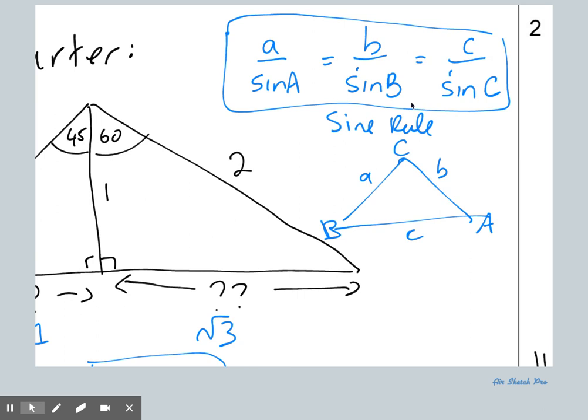I won't put arrows in because it does make it really confusing. So all it's saying is that if you've got one pair, like this one, and half of another pair, like two of these, then you should be able to work out the missing piece of information.